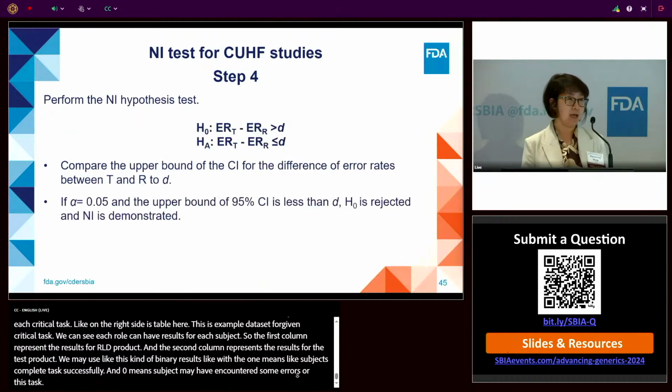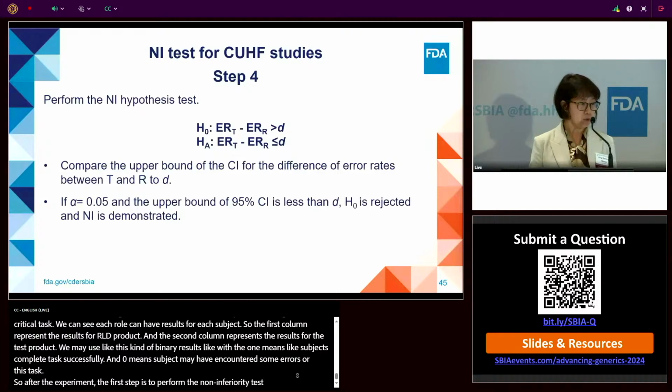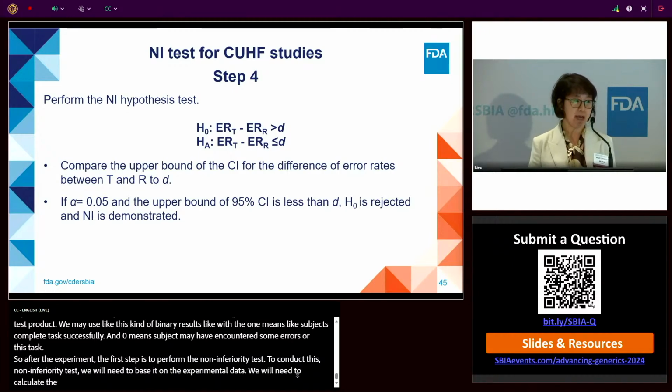So after the experiment, the fourth step is to perform the non-inferiority test. To conduct this non-inferiority test, based on the experimental data, we will need to calculate the confidence interval for the difference of error rates between the test product and the RLD product.